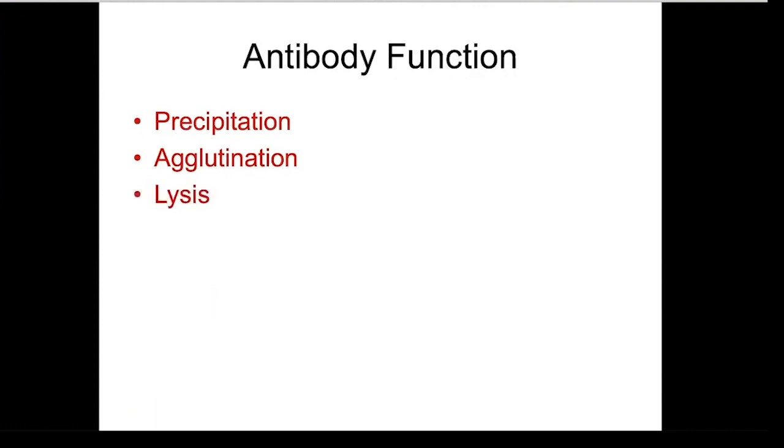Lysis. Recall that lysis is when a cell bursts. This is related to complement. During the classical pathway of complement, antibodies bound to the pathogen, such as the bacterium, will activate the first complement in the classical pathway. There are 3 outcomes to complement, regardless of what pathway is used.